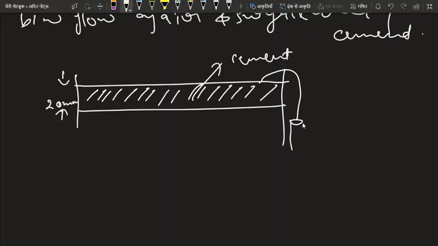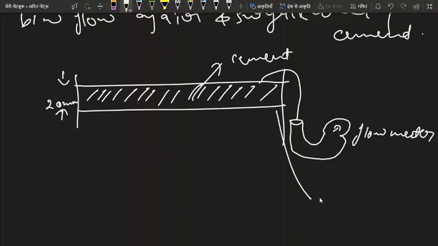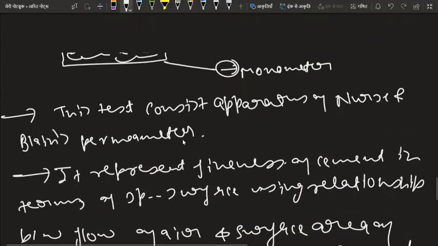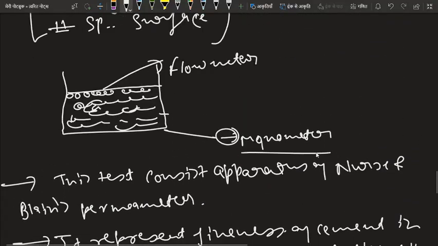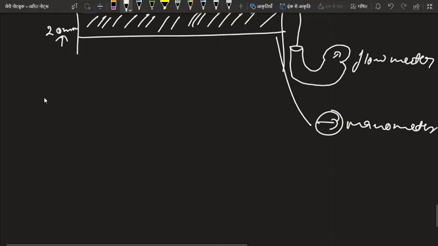For the diagram, you can use the internet for better understanding; this is simply a sketch. This is the flow meter, and here is the manometer. Sorry, this is the manometer.